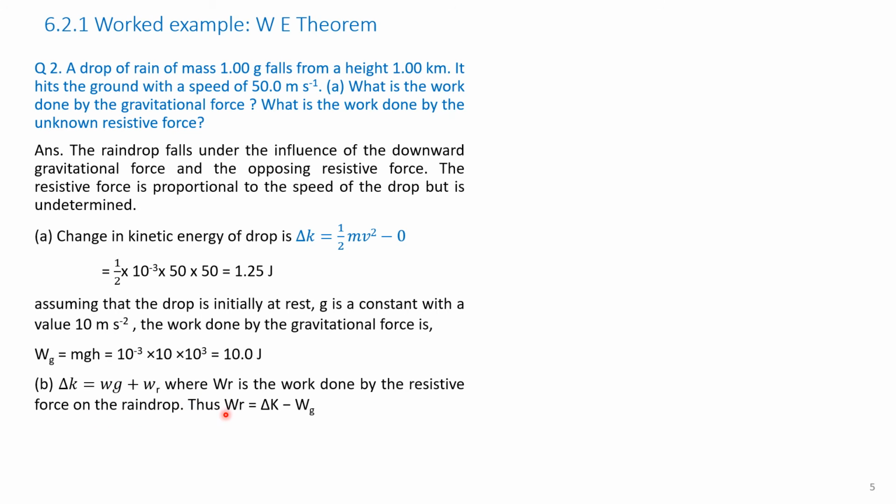Thus, rearranging, Wr is equal to delta K minus Wg. That is equal to delta K, which we have calculated above as 1.25 joules, minus Wg, which we also calculated using the formula mgh as 10 joules. Therefore, 1.25 minus 10 is equal to minus 8.75 joules, that is, negative.